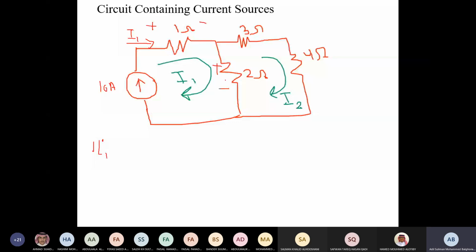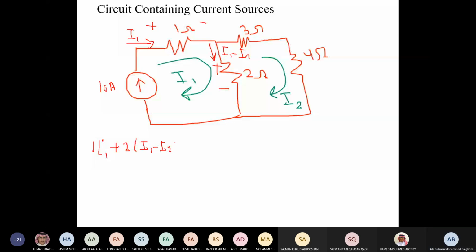When we come to the 2 ohm resistor, also a voltage drop like this, and I have the current coming down over here. This current coming down is a combination of I1 minus I2. Okay, so this one will be plus 2 times (I1 minus I2).